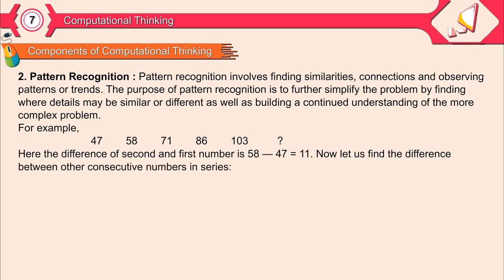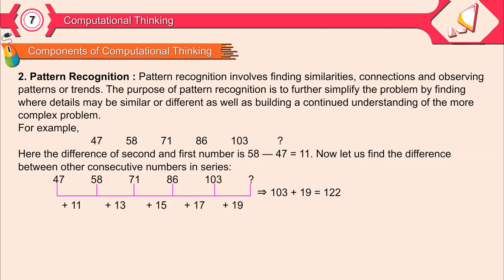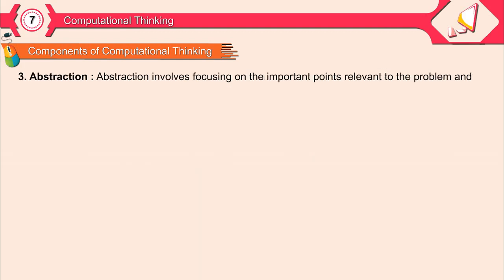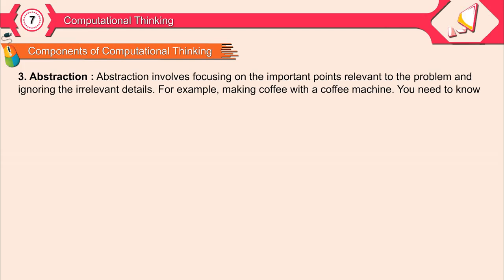Now let us find the difference between other consecutive numbers in the series: 47 plus 11, 58 plus 13, 71 plus 15, 86 plus 17, 103 plus 19 equals 122. Abstraction. Abstraction involves focusing on the important points relevant to the problem and ignoring the irrelevant details.